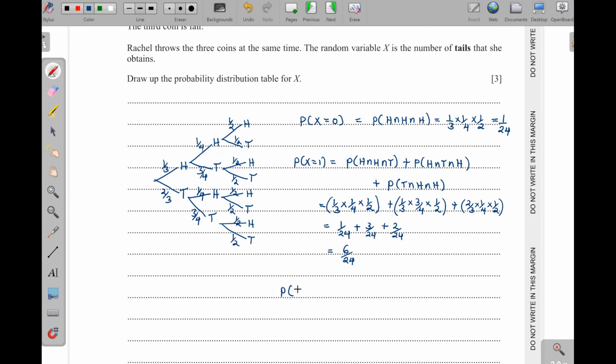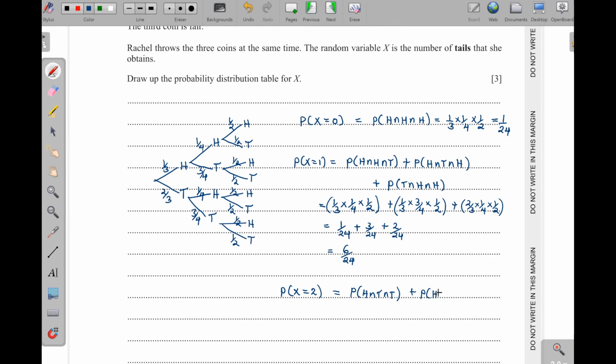Let's go to probability of x, which is equal to 2. So 2 tails. We shall begin with this one, head, tail, tail. Then there is tail, head, tail, and then there is tail, tail, head. In other words, move this head up to the end.